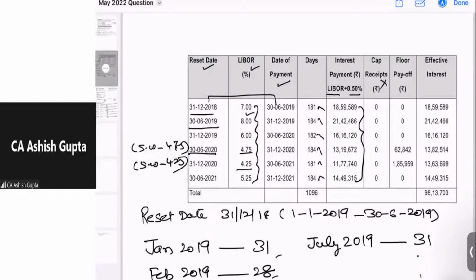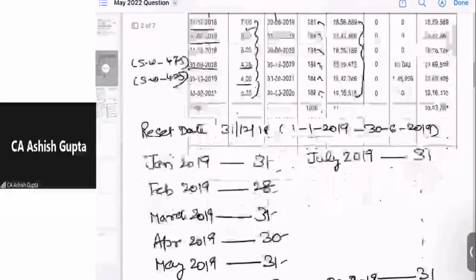Okay, student. Now let us see how we shall compute the payoff.